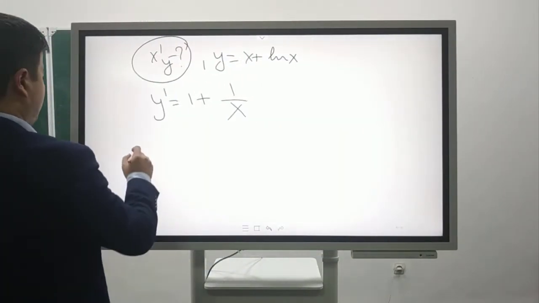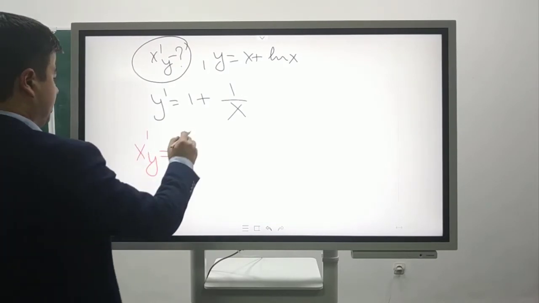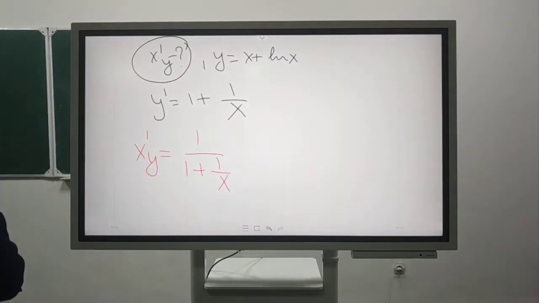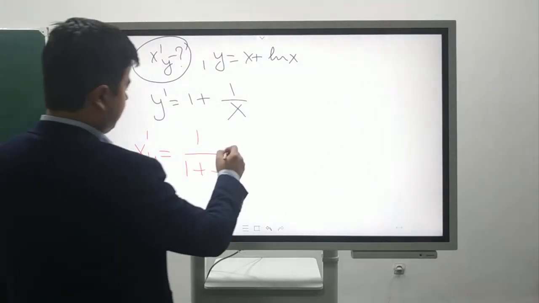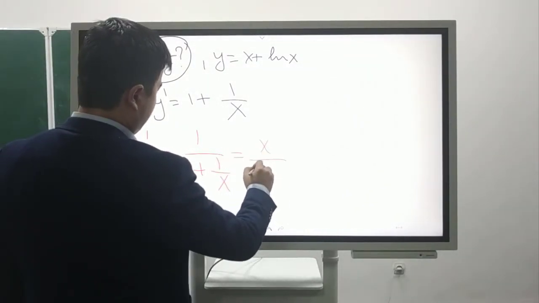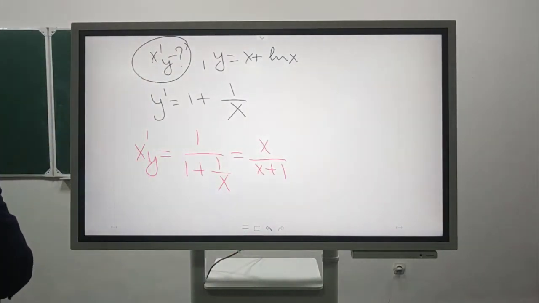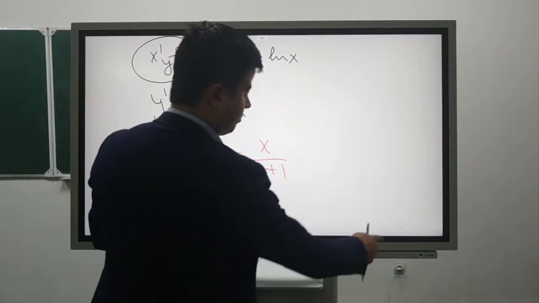Now x prime y is 1 over 1 plus 1 over x. If you simplify it, it is x over x plus 1. Okay, now the next example.